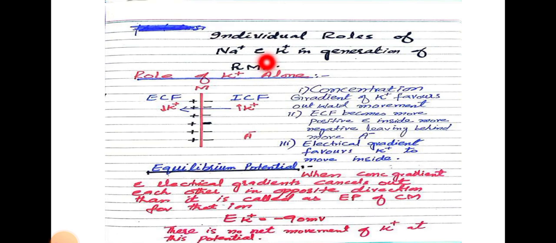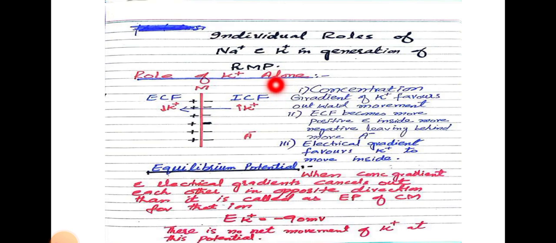Now, we will discuss the individual roles of sodium and potassium in generation of resting membrane potential. First, we will discuss the role of potassium alone. It is a hypothetical model, because inside these cells both ions are simultaneously involved.